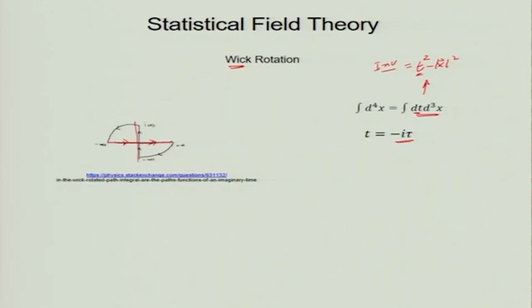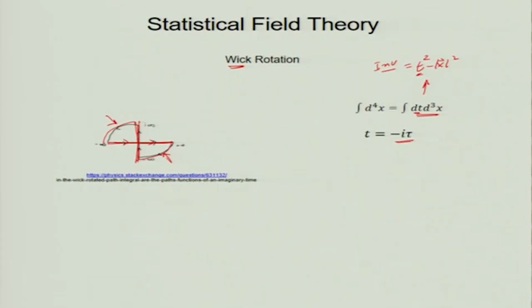So, I do a rotation, I go down like that. If the integral over this quarter circle is negligible, then this integral and this integral will have the same value, because for an analytic function any loop integral must be 0 in the complex plane. So, this is a Wick rotation.